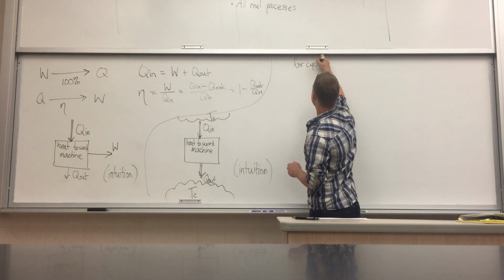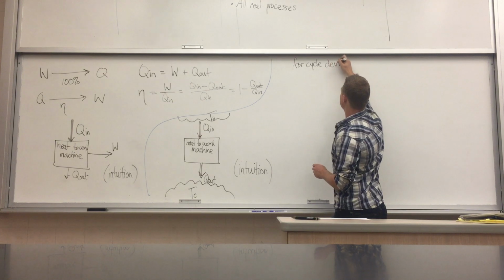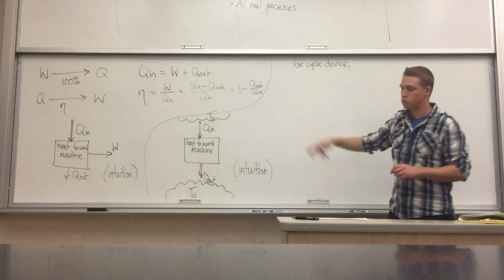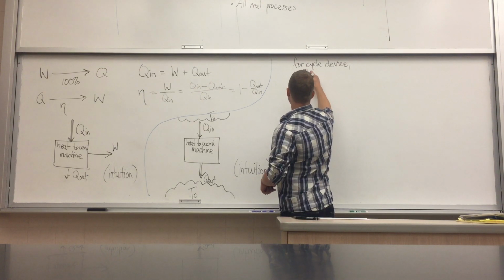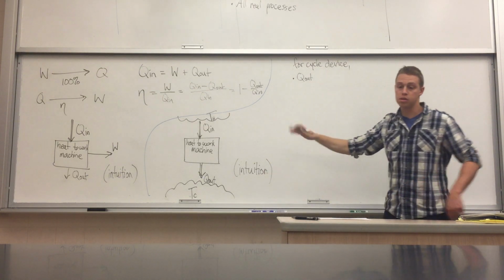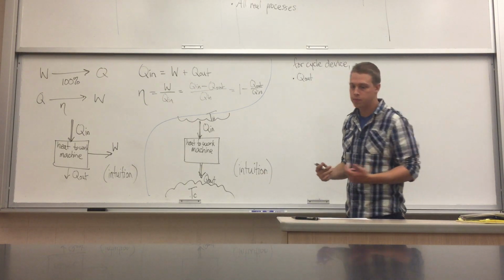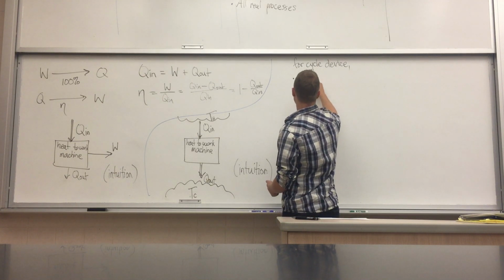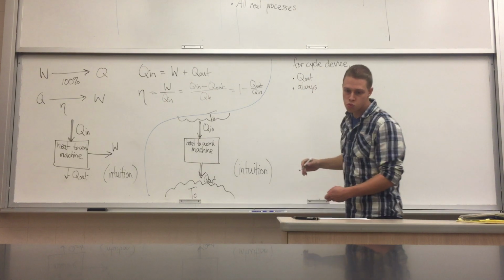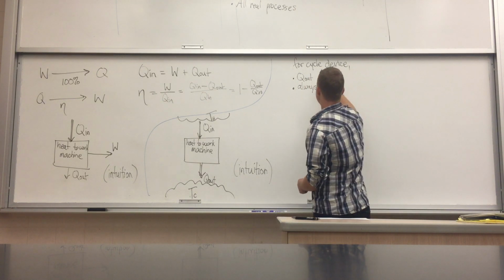This is all for a device, this machine that's running in a cycle, all right? We think that there's going to be some Q out, a little bit of heat that has to be wasted, because our process is always slightly irreversible.